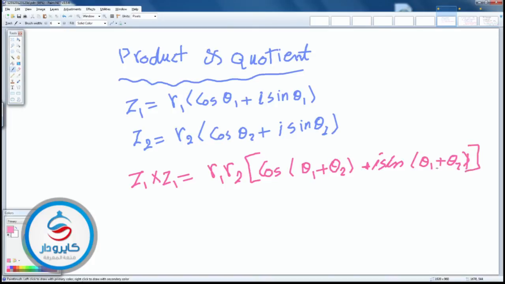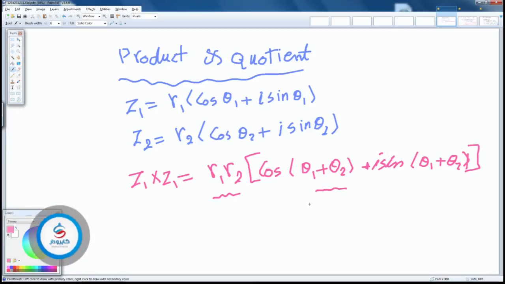So when we try to get the product of two complex numbers in their trigonometric form, we have to multiply both moduli and get the sum of the two angles.